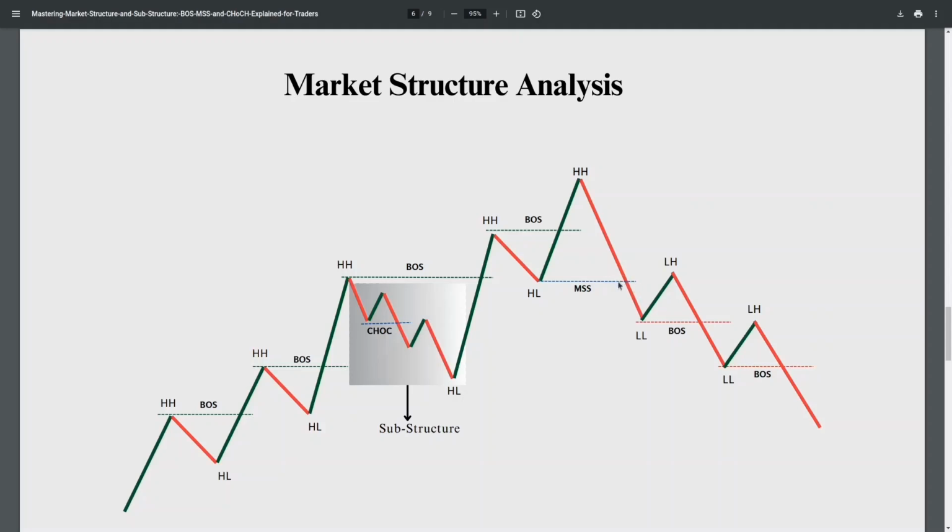So here, after the market shifted structure, it forms a lower low. This is a higher low. This is a lower low. Then price pulls back, forms a lower low, then moves, breaks this level, break of structure, then retraces with momentum, then to this level, pulls back again and continues downwards.